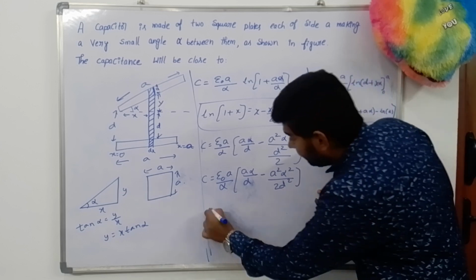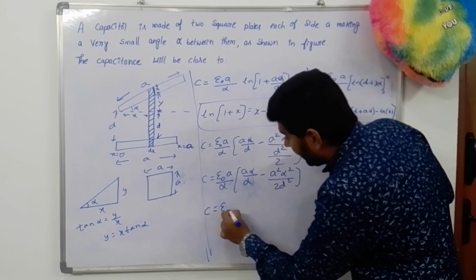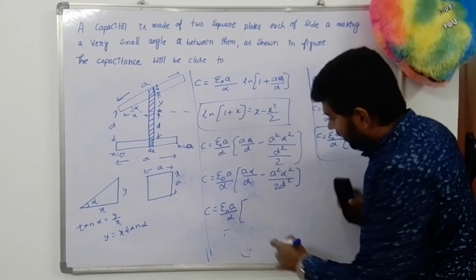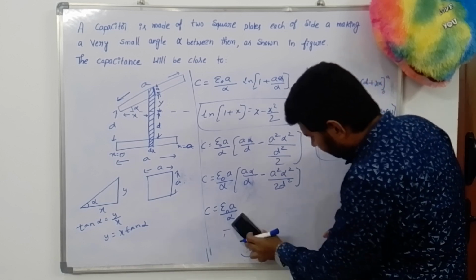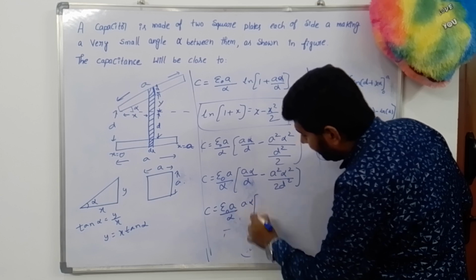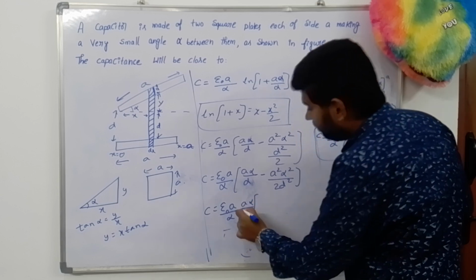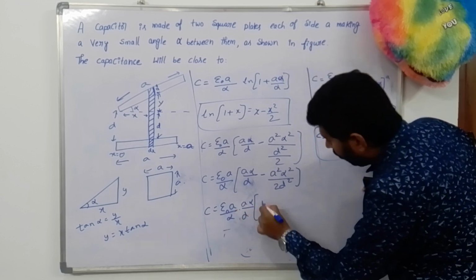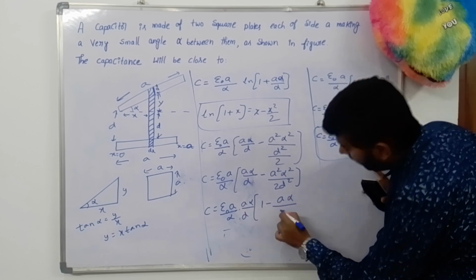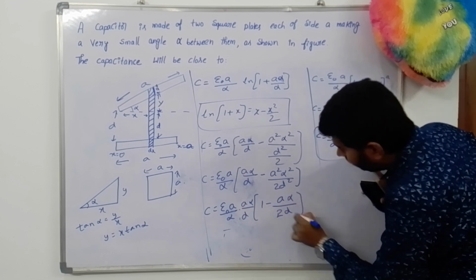From this, C is equal to epsilon naught a by alpha. Here if I take a alpha by d common, 1 minus a alpha by 2d.